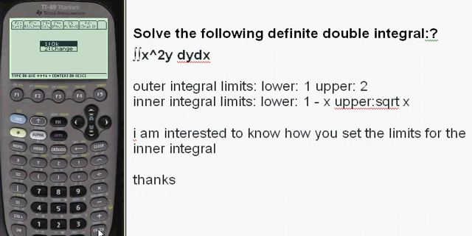I'll show you what you've entered. You can change it if you want, or say it's okay. We're going to put in the inner integral limits, which are alpha 1 minus x, and alpha, second x, which is the square root sign in the second register.